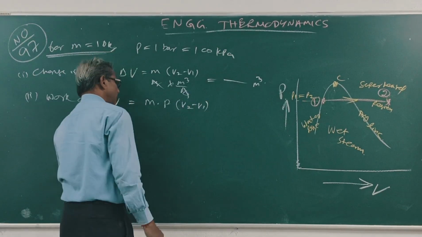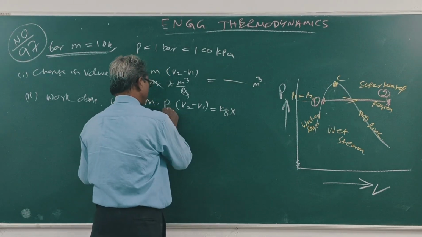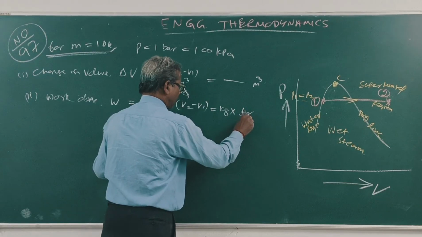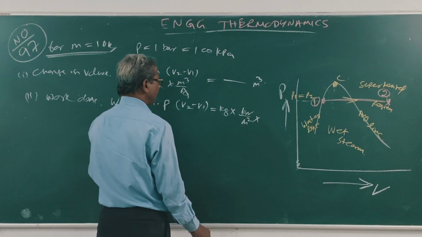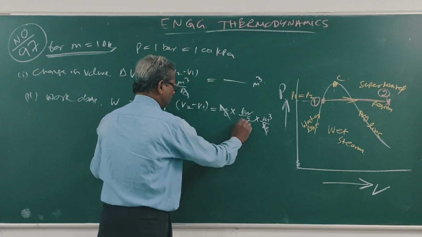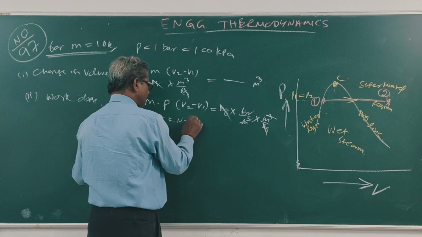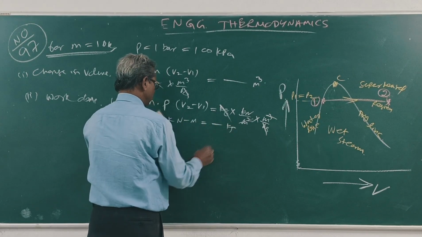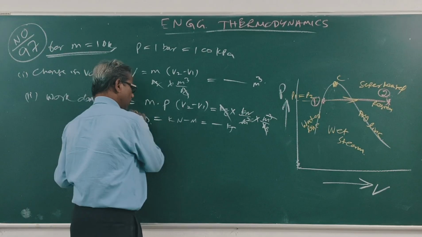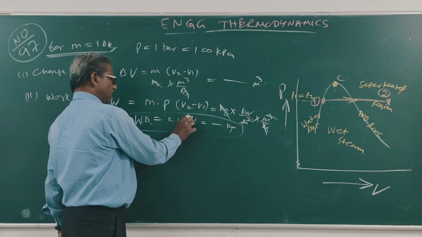M is in kg, P is 100 kilonewton per meter square, V2 minus V1 is meter cube per kg. Kg cancels out, meter square cancels out. This is kilonewton meter. Kilonewton meter means kilojoule.